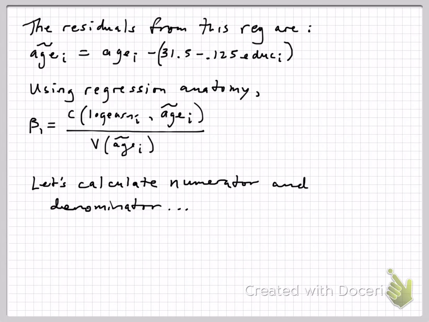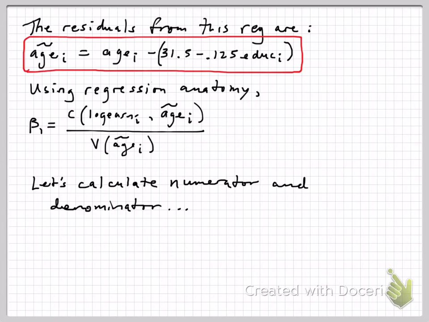And there we go. So the residuals, which is what we need for regression anatomy from this auxiliary first stage regression, our age squiggle is equal to the age variable itself minus the predicted value of age using the regression coefficients, which is in parentheses there.